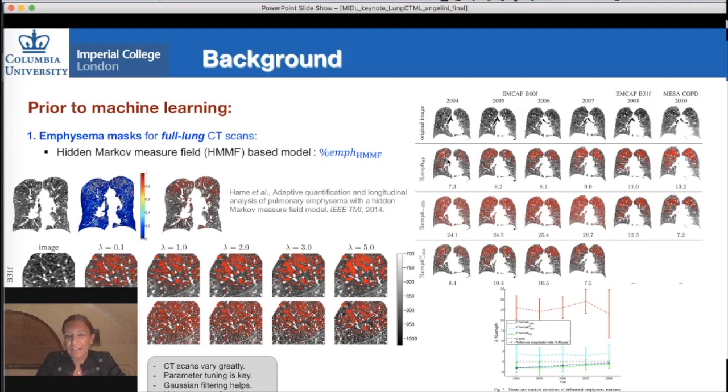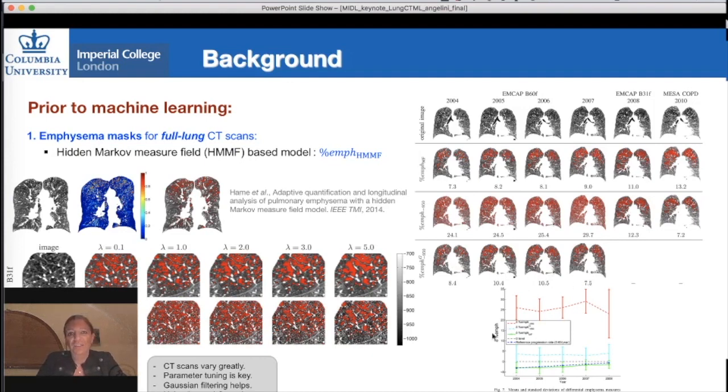As you can see here, our measure grows steadily over the years between 2004 and 2010, while thresholding can show a lot of variation, and especially a decrease in emphysema measurement if you change scanner type. One interesting thing we saw here is that if you do a little bit of Gaussian smoothing prior to thresholding, that stabilizes your measure a lot, even though it's still not completely reliable.